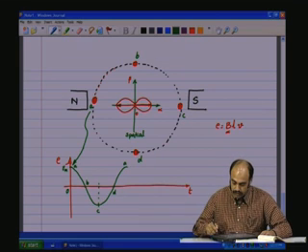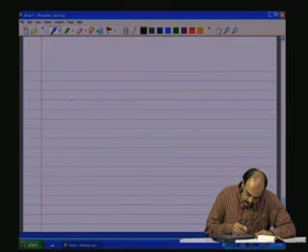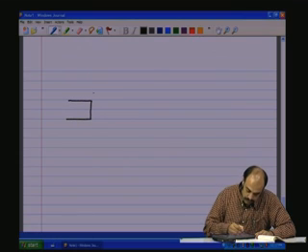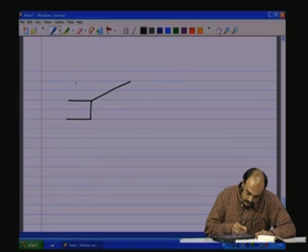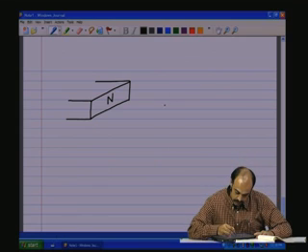So, let us now form a device like this. Now, let us have the north pole like that. So, this is our north pole, and let us have our south pole.